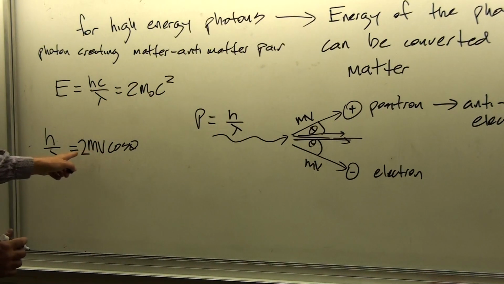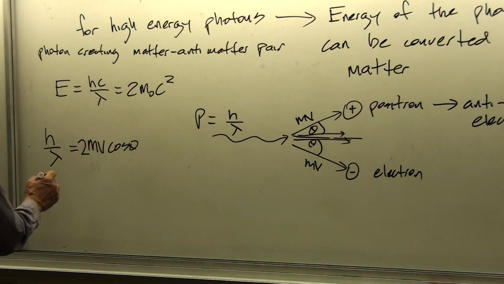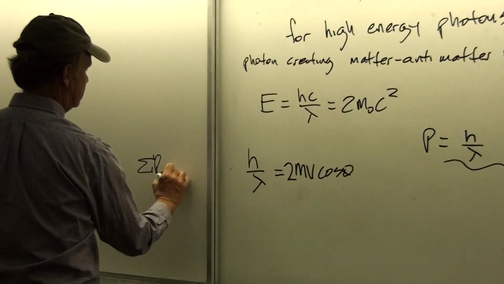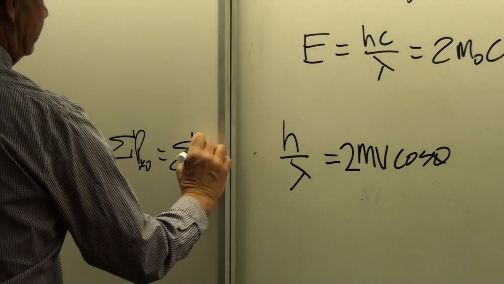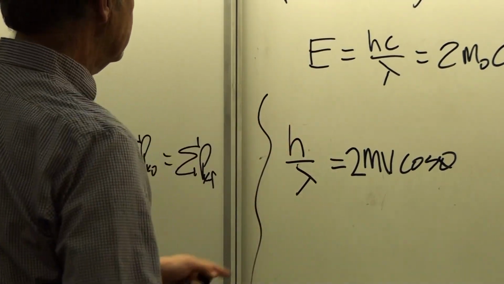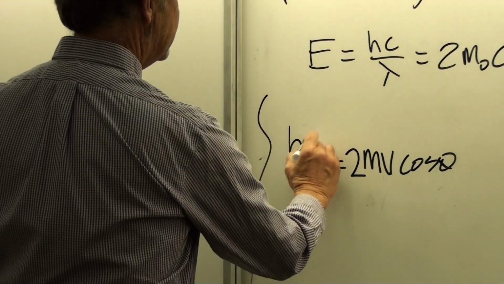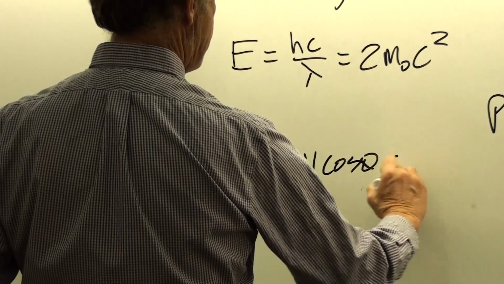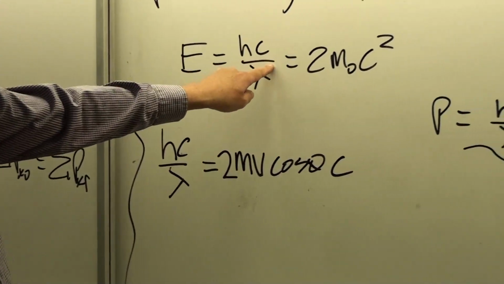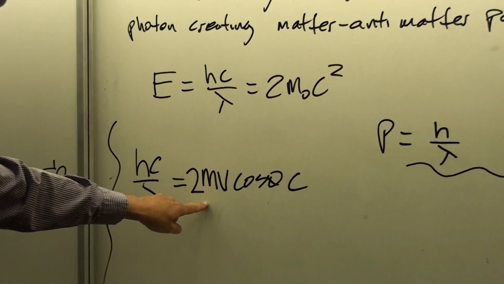Now let's just take this expression for the momentum. This is just the sum of the initial momentum. Let's multiply both sides of the equation through by c. Okay, now if I do that, then I get hc over lambda, which is the same thing as the energy.